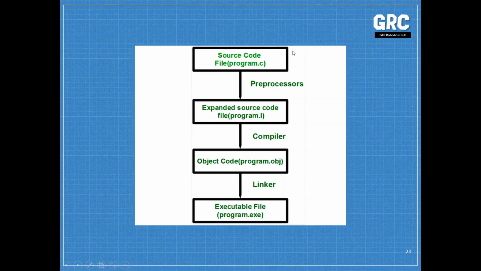When we run the source code inside the computer, first the preprocessor works on it and outputs an expanded source code file, which the compiler compiles to form an object code, and to make an executable file, a linker works on it and outputs a program.exe, an executable file. So we saw the flow of the code to form the output.